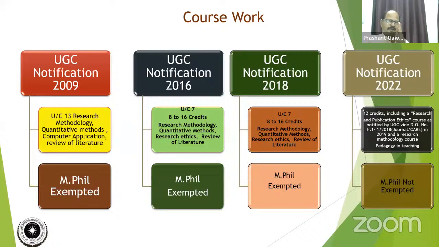During 2018, again, the credit system is the same, 8 to 16 credits, and again there is incorporation of research ethics. MPhil is exempted from the coursework because all MPhil admissions are through the entrance test. That's why there is an exemption.